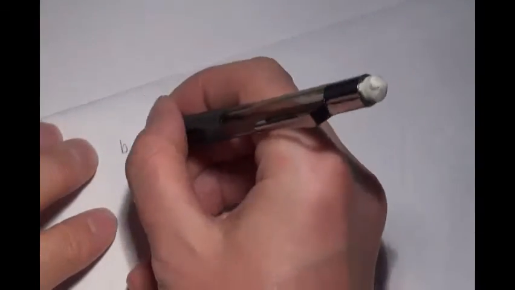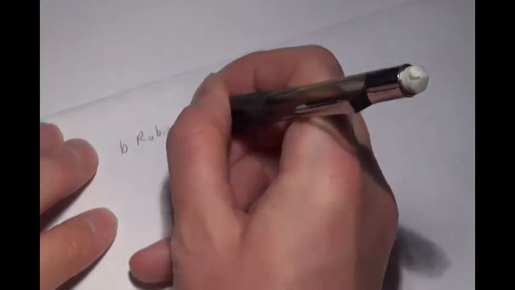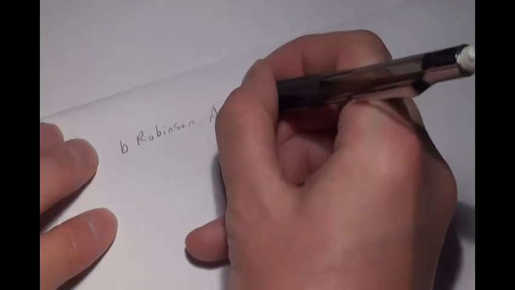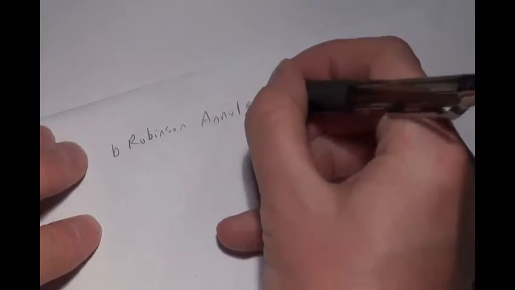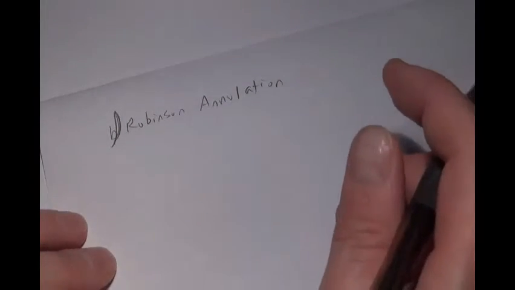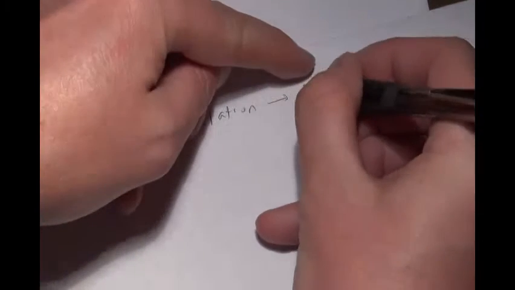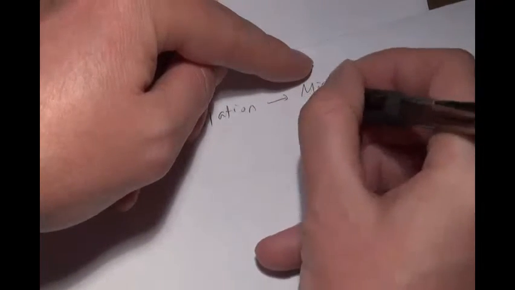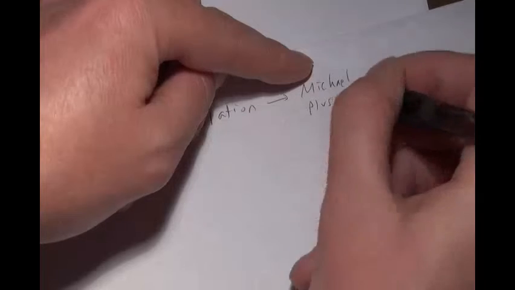Okay, so now let's talk about the Robinson annulation. You might be able to call it a kind of more complicated Michael. So Michael plus more.